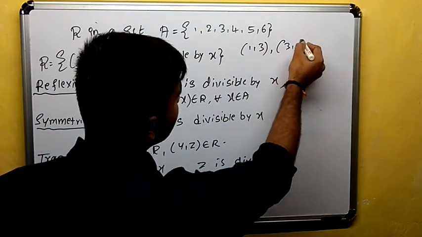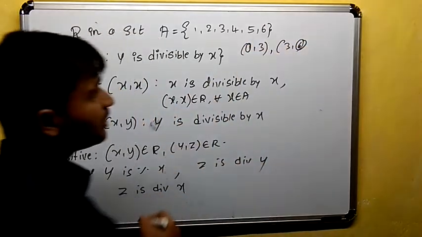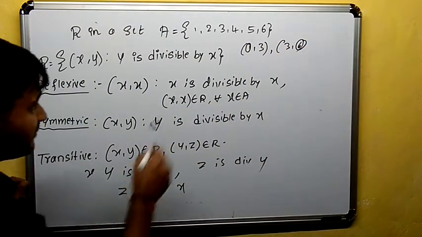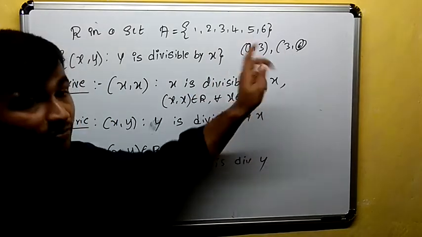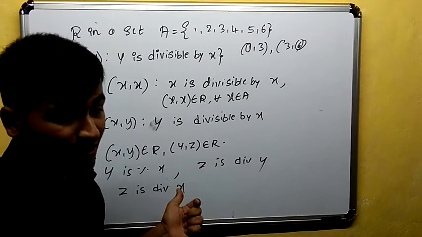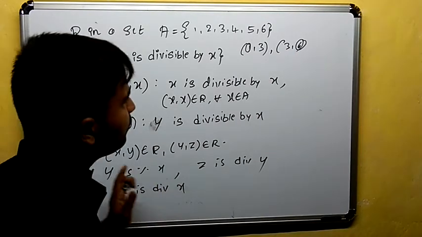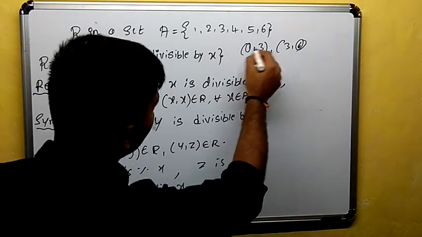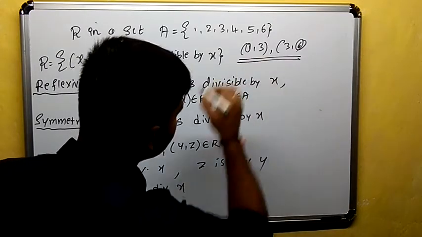Therefore obviously this 6 must be divisible by 1 also. 6 must be divisible by 1. This is not only for a single element, so you cannot give these examples to prove this. You can give examples for disproof, but you cannot give examples for proof. But I have taken this for the purpose of understanding.